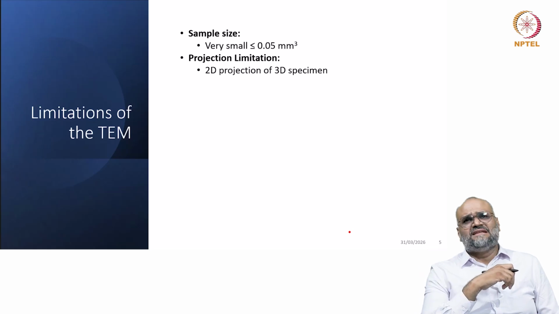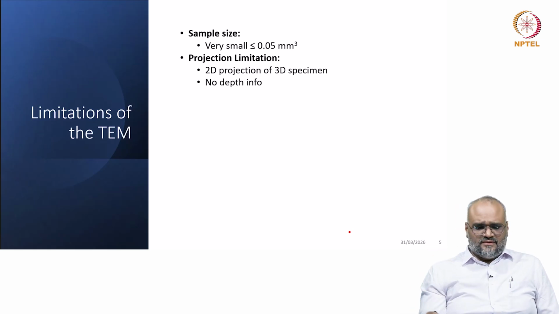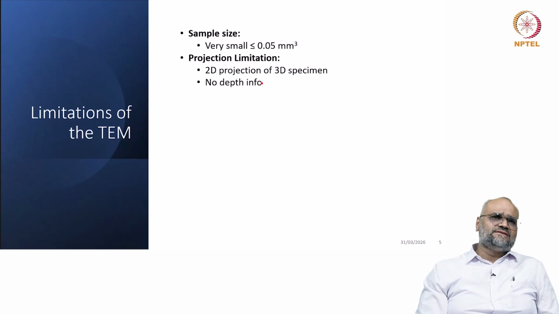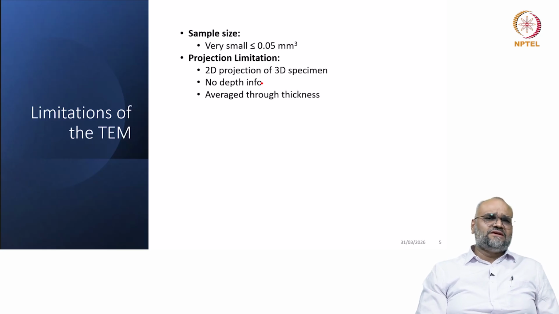So you are always limited in knowing where the features that you see are actually located across the thickness of the specimen. There is no depth information. The information is averaged through the thickness. So you need complementary tomography kind of techniques which give you three-dimensional information of a material.